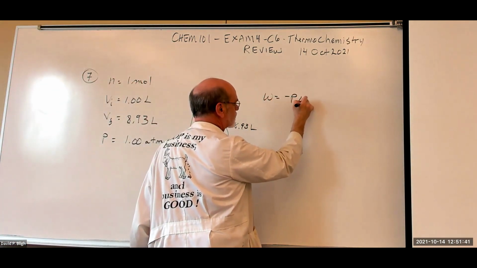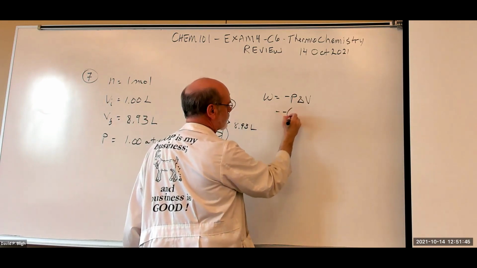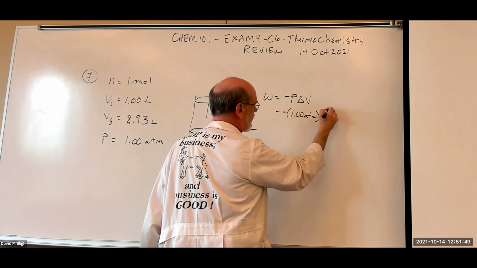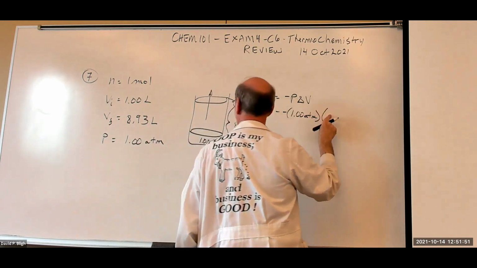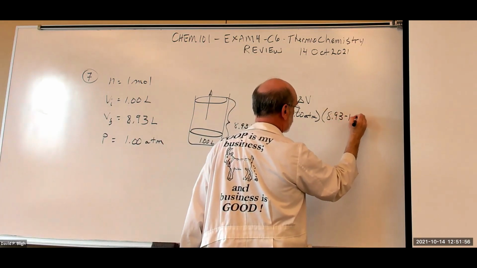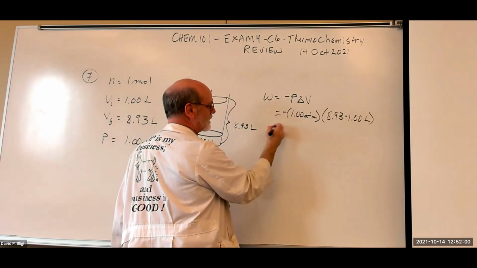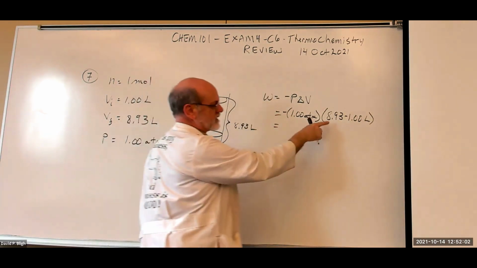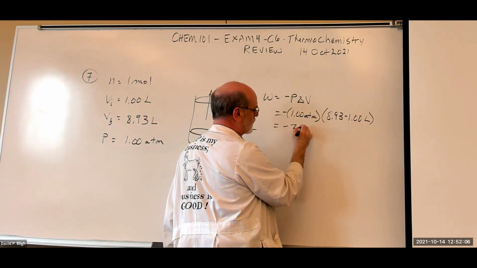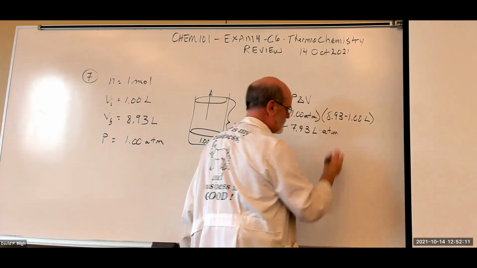Minus P delta V. So we get minus, pressure is 1 atmosphere, and delta V is final volume minus initial volume. So that gives us 7.93. So it's minus 7.93 liter atmospheres.